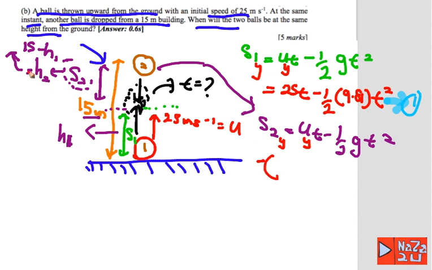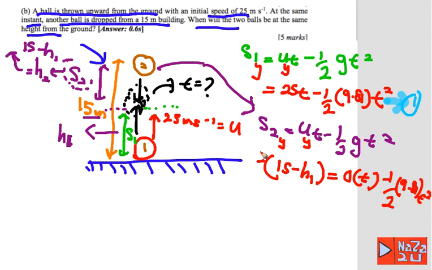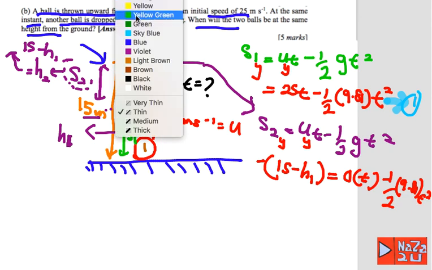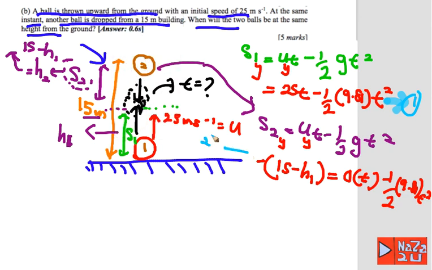Negative S2, which is H2, is equal to 15 minus H1, equal to ut, because the object is dropped from 15 meter, meaning it starts with initial velocity u, so ut minus half times 9.81 times t squared. Let's say this is equation number 2.